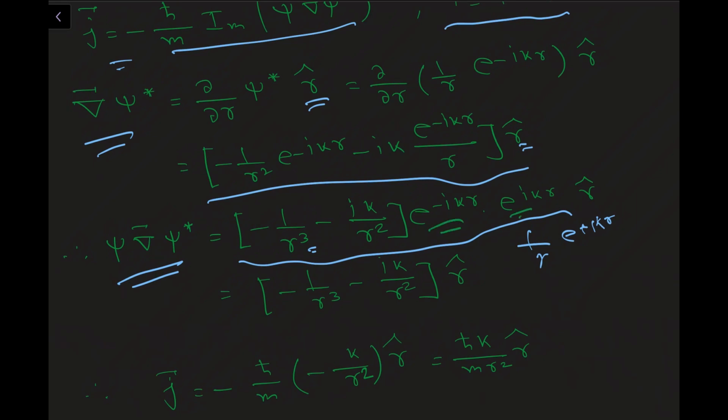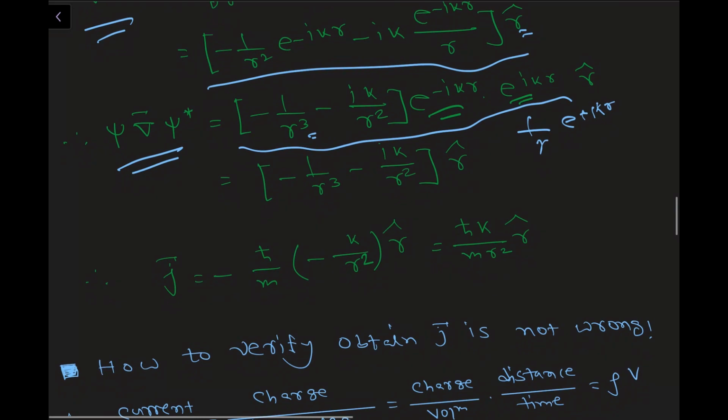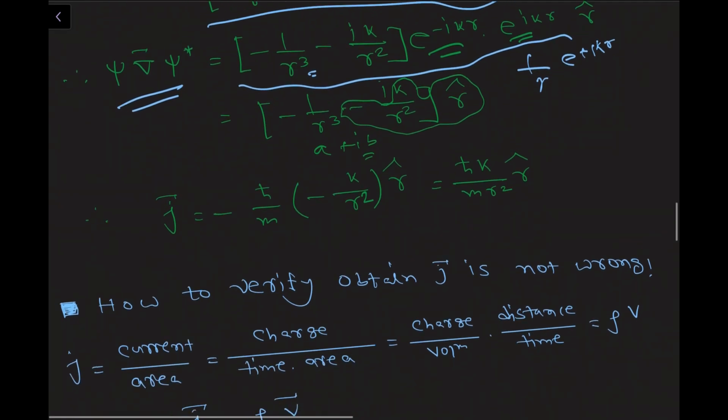Now these two terms will cancel out, these two terms become 1 from the law of indices. Now this is like a plus i v kind of term. Here minus k by r square r cap is the imaginary part of psi del psi star.